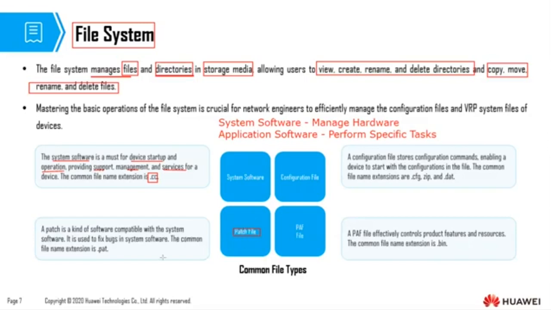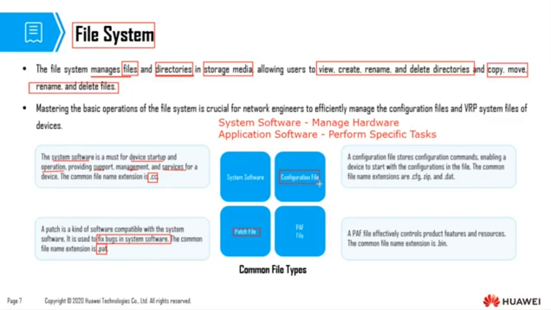So that is how a patch file is used, to fix bugs in the system software. Generally, these files end with the extension .pat.